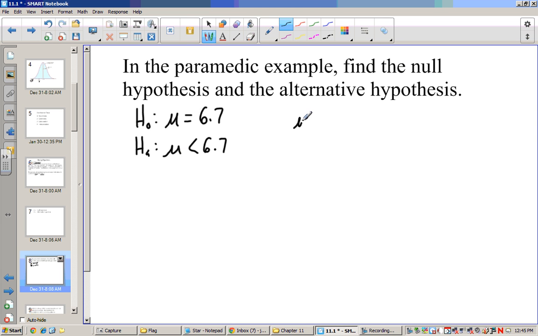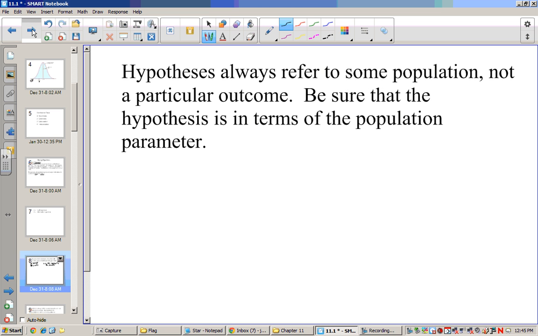So mu is the response time for paramedics. We're saying the response time is equal to 6.7. That's our null hypothesis, and we want to prove that it's less than 6.7.